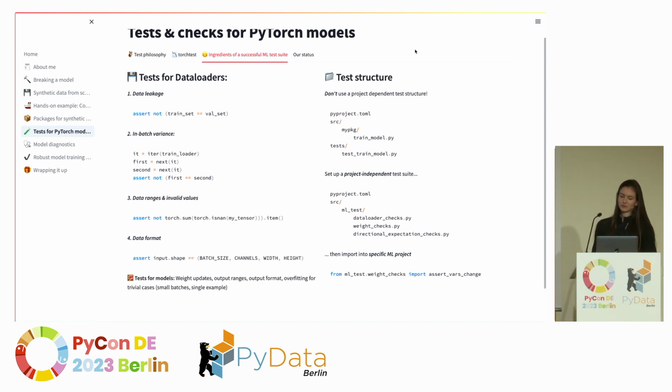Another very important ingredient of the machine learning test suite is that usually you don't want to place your tests in the same repository as your project. So from software engineering-based testing, we usually have this setup where I have my package and I have some script called train model here, for example. And then I would set up a tests folder where I have a testing script for each script that is present in my actual package.